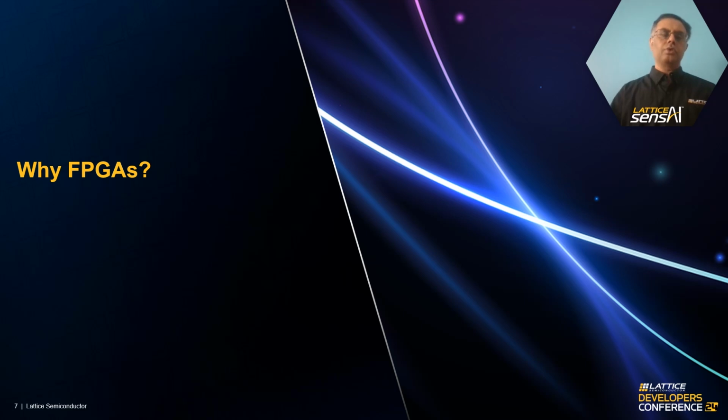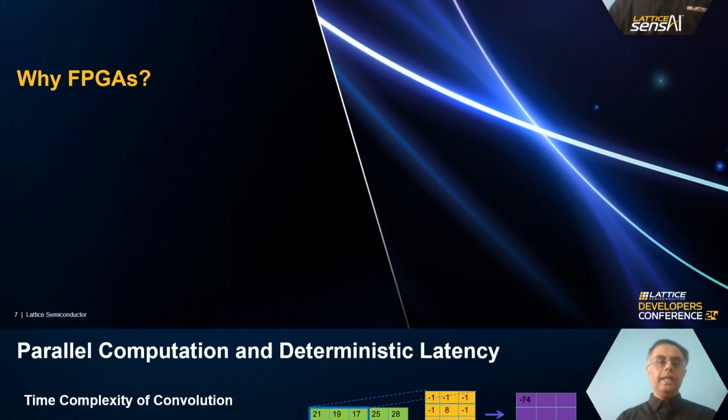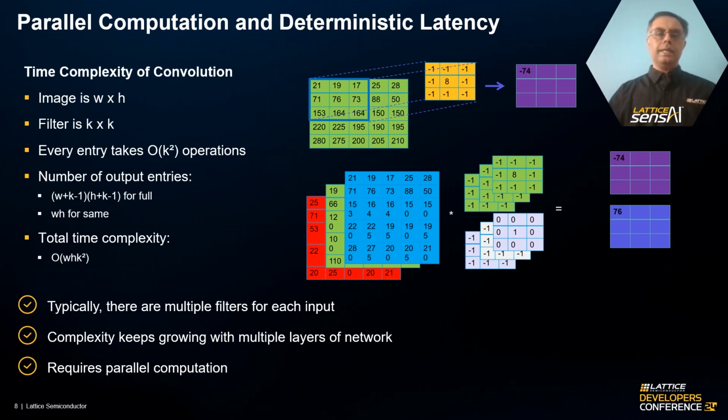So now that brings to the question, what is so unique about the Lattice sensAI solution and why are FPGAs good for edge AI, or neural network inferencing at the edge? There are a few inherent characteristics of edge AI. First and foremost is parallel computation.